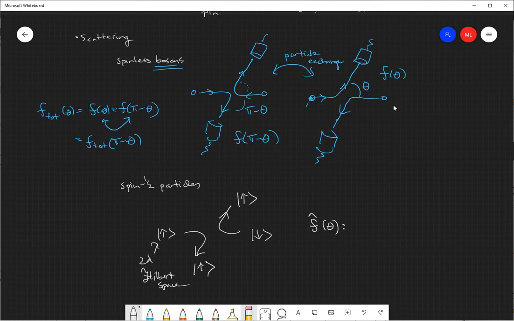Any guesses? A vector? Close. Even bigger than that. Yeah, it's got to be a matrix.